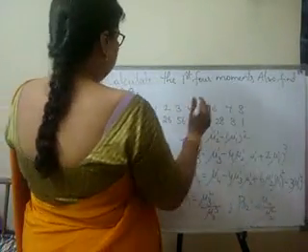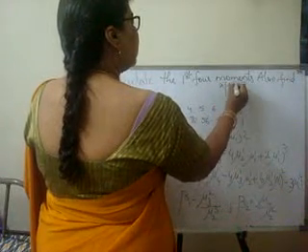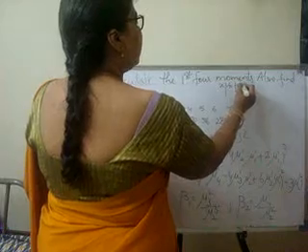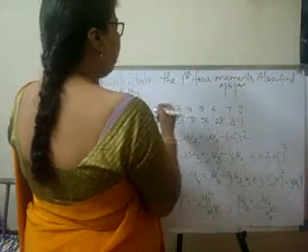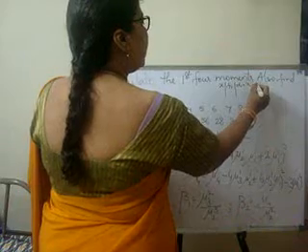And you have been given x, you have been given fi. So first find out di. What is di? Xi minus a by h.